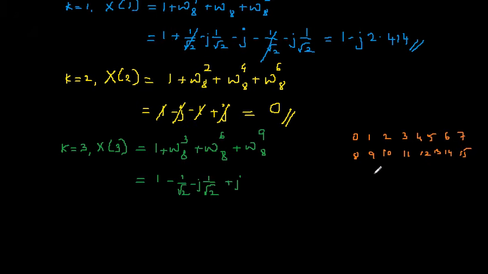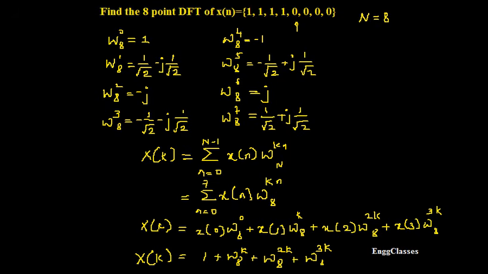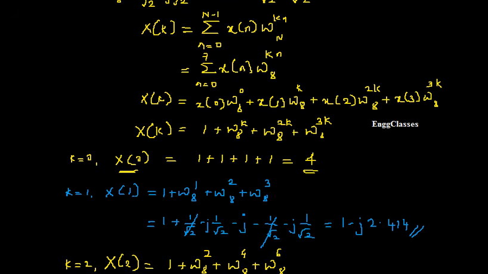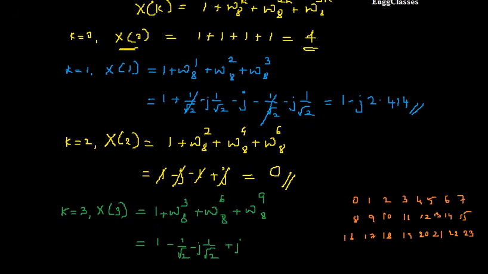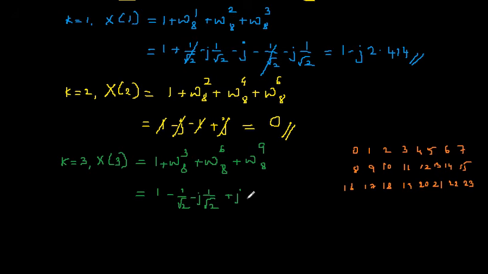So I'll write one more time: 16, 17, 18, 19, 20, 21, 22, 23. So now what I want is W8 to the power 9. W8 to the power 9, here it is. W8 to the power 9 is nothing but W8 to the power 1. And W8 to the power 1, we know it is 1 by root 2 minus j 1 by root 2. Are you getting it?